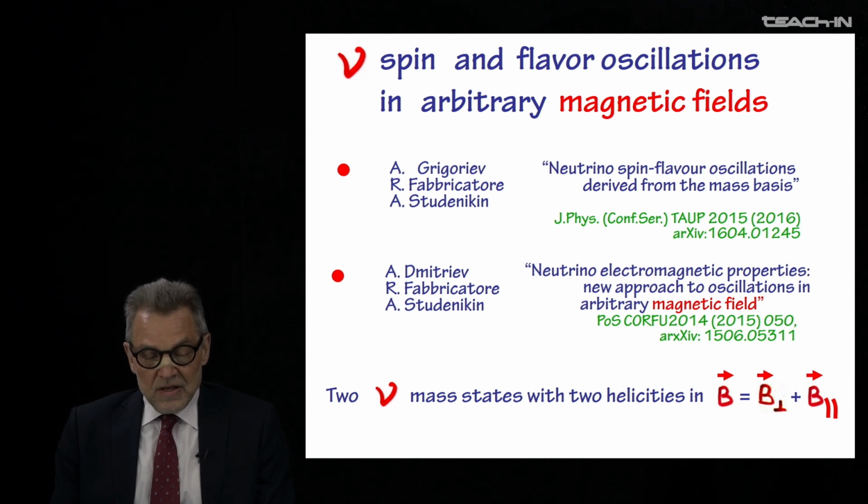But before doing this, I would like to once again turn to neutrino spin and flavor oscillations, not in a constant magnetic field transversal with respect to neutrino propagation, but in the case of arbitrary magnetic fields with arbitrary orientation. Following our papers, we consider neutrino mass states with two helicities propagating in a constant magnetic field with transversal and longitudinal components with respect to neutrino propagation.